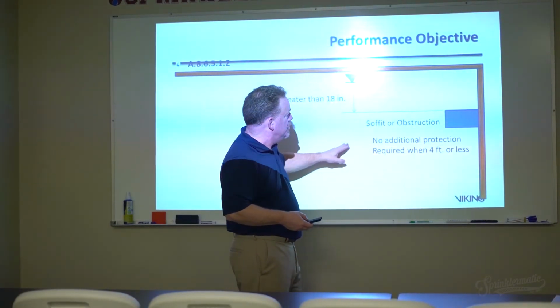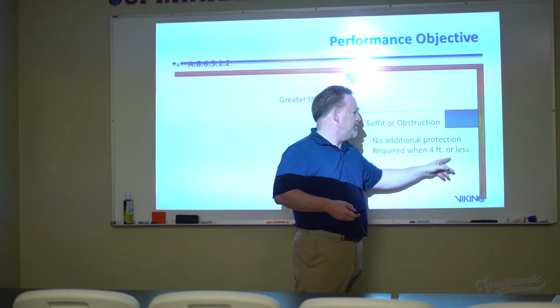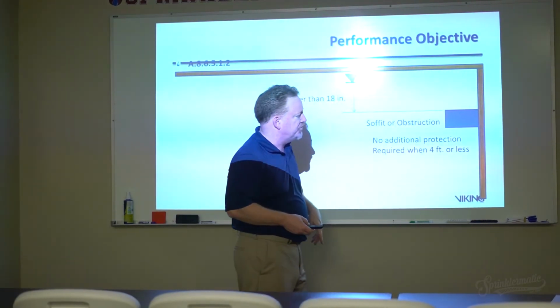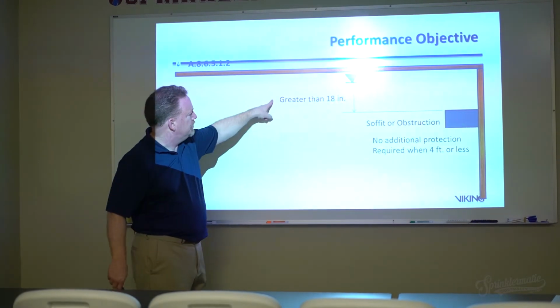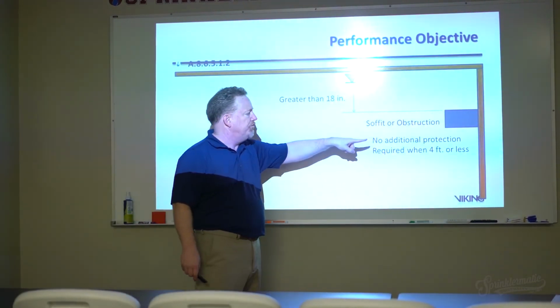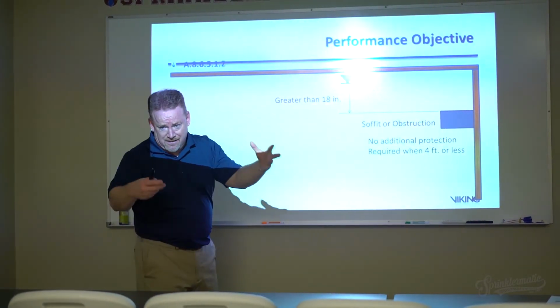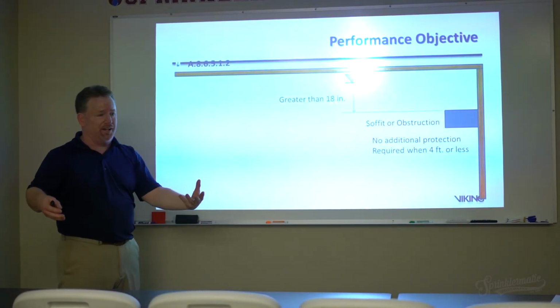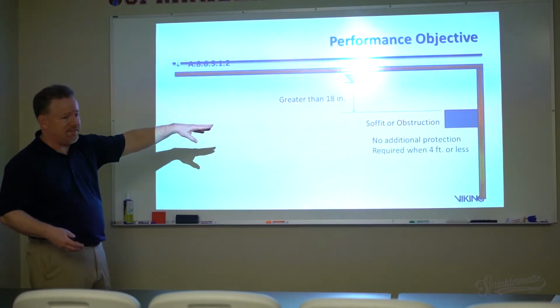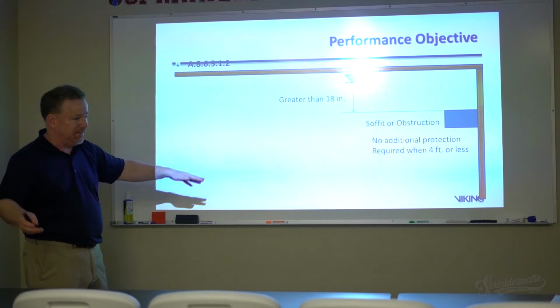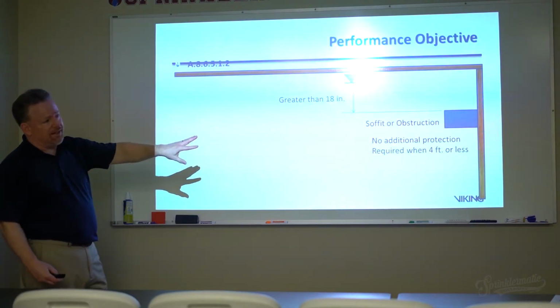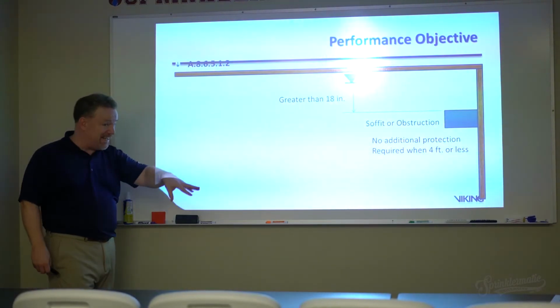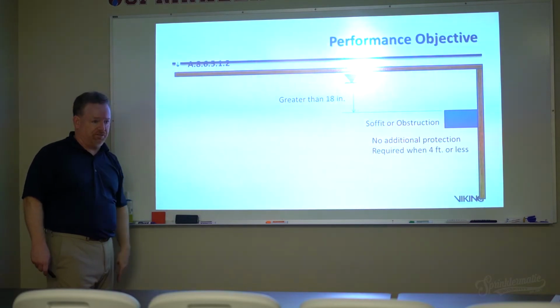For a soffit or obstruction, no additional protection is required as long as it's 4 feet or less off the wall. So greater than 18 inches down, 4 feet or less. What does that sound like? It sounds like that rule that said 48 inches wide, more than 18 inches down. You're not obstructing the spray pattern getting to the base of the fire as long as you're less than 4 feet wide.